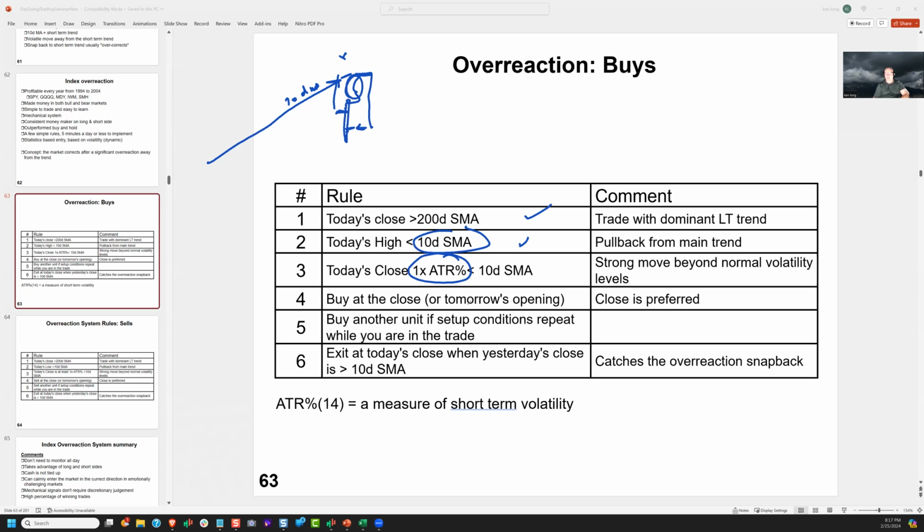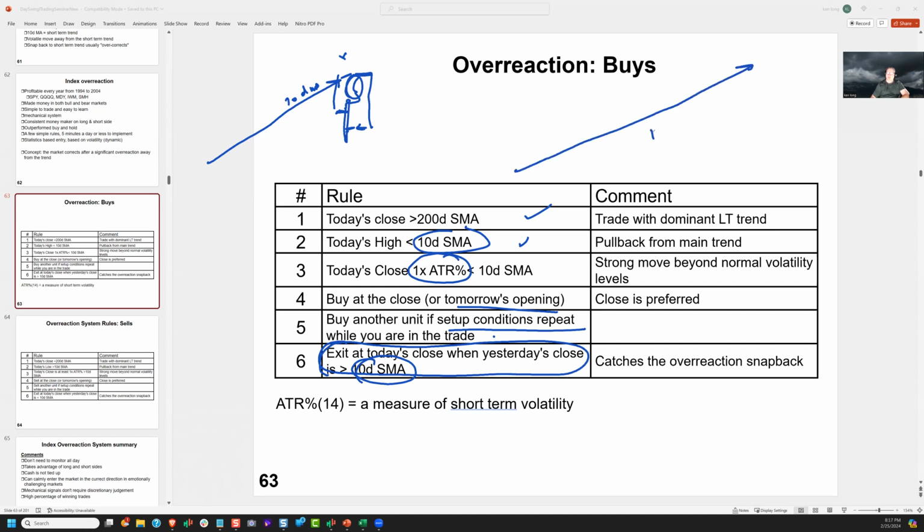We buy tomorrow's opening. You can buy a second position if the next day the trade conditions continue. And it exits at today's close. So the day it closes is the day when yesterday closed back above the 10-day moving average. So let me say that again. The 10-period moving average is like this.